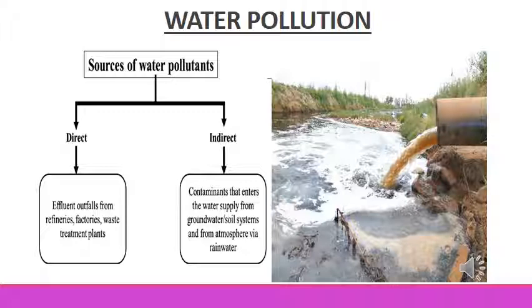Effluent outfalls from the refineries, factories and waste treatment plants are a direct source of water pollutant, whereas the contaminants that enter the water supply from the groundwater and soil systems and from the atmosphere via rainwater are the indirect source of water pollutant.